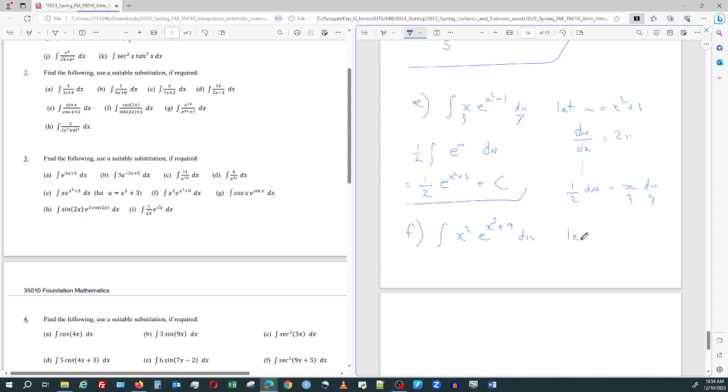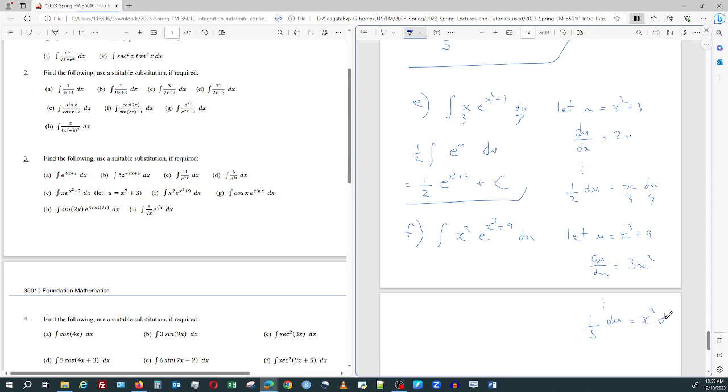We can just go ahead and let u equal x cubed plus 9, and du dx is going to be 3x squared. So after some manipulation, we can get to 1/3 du is equal to x squared dx.